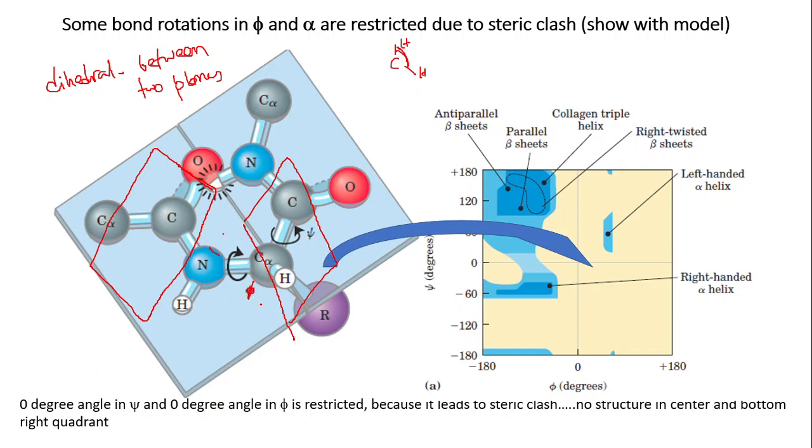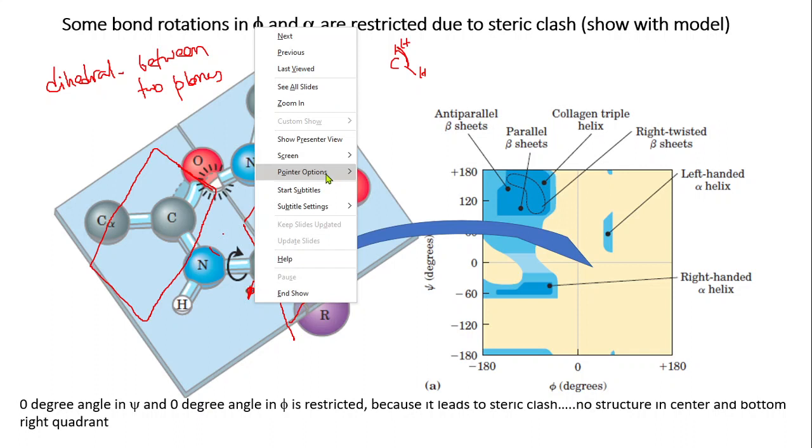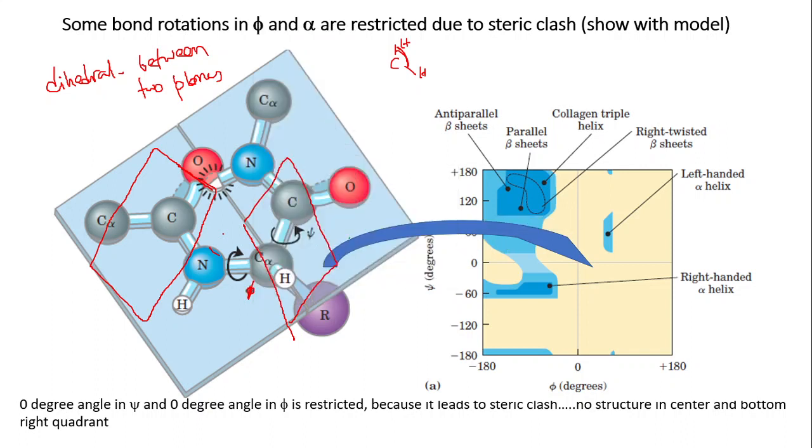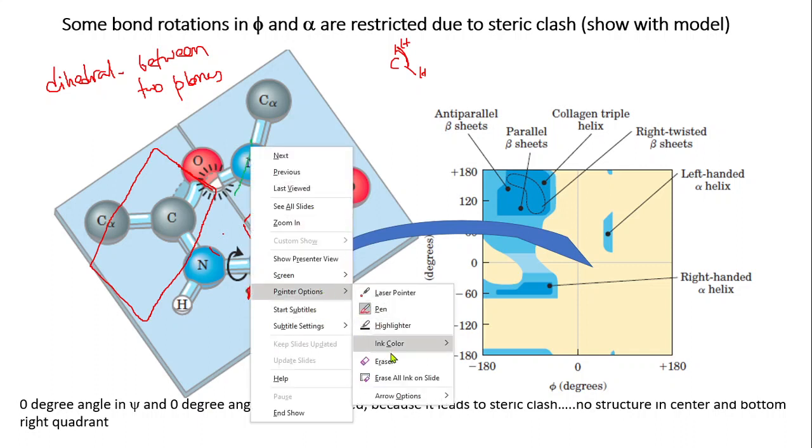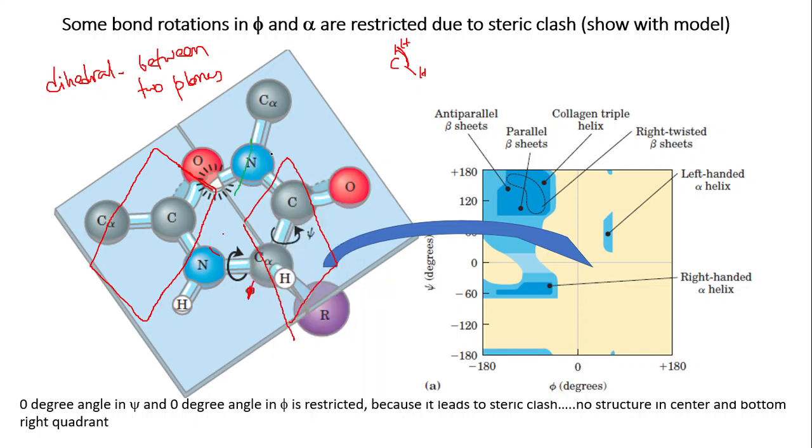Similarly for the psi, I'll use a different color. For the psi, the dihedral angle will consist of this part as a plane, and this part as a plane.